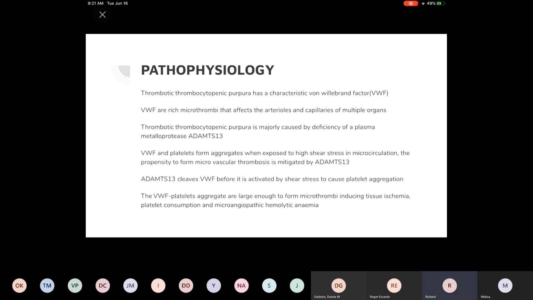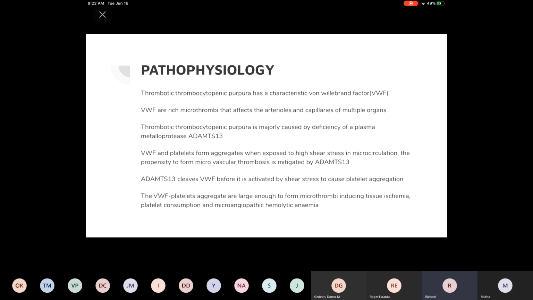The VWF and platelets form aggregates when exposed to high shear stress in microcirculation. The propensity to microvascular thrombosis is mitigated by ADAMTS13. That was explained in the previous picture, whereby when the ADAMTS13 is not attached to the VWF, there's platelet aggregation, which can lead to thrombocytopenia.